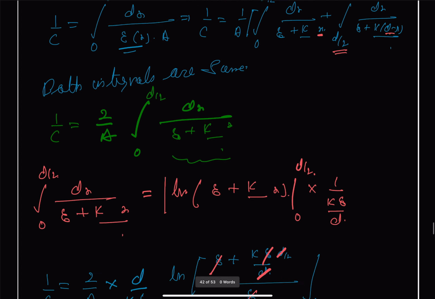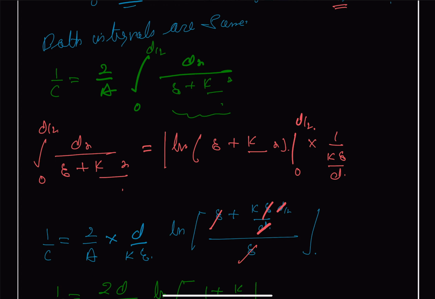So there is only k times x, and here also k times x, here also k times x.